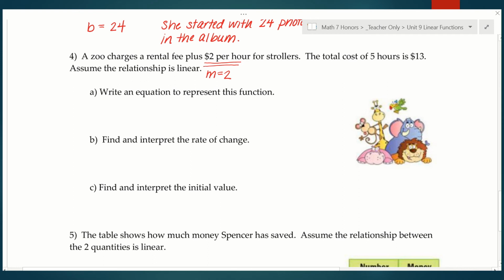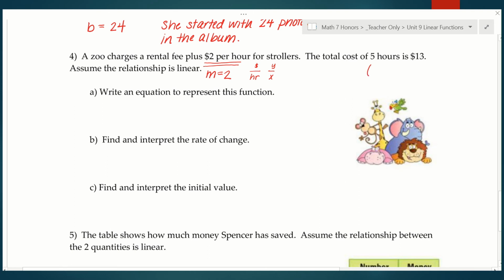When they say the total cost of 5 hours is $13, that's a point. How do I know which is the x-coordinate and which is the y-coordinate? If I go back to my slope, they're saying dollars per hour, which means dollars is y and hours is x.